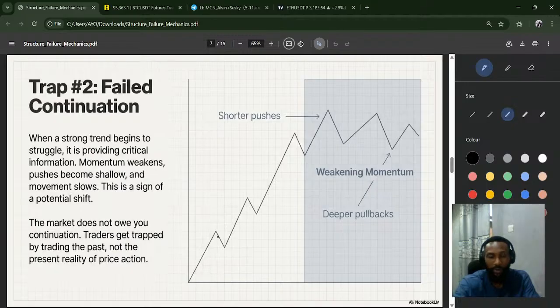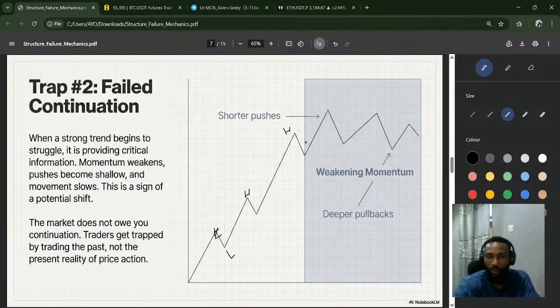All right, so this is an uptrend, based on, you can see, higher highs, higher lows. Then it suddenly starts reducing its effect. The pushes started becoming shorter. You can see shorter pushes.